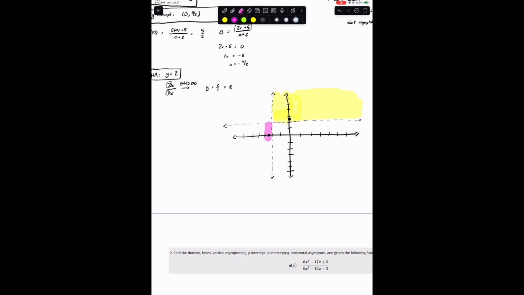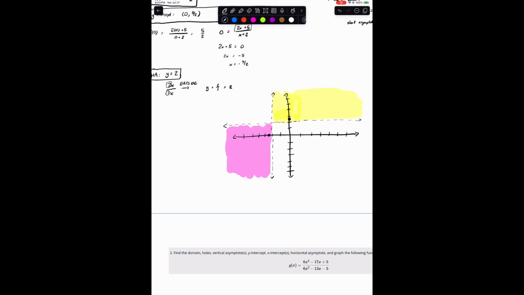For my bottom one, to be on the same side of both asymptotes, I have to be on the left side of my vertical asymptote, and I have to be below the horizontal asymptote. So I know that my curve roughly needs to be in these regions.